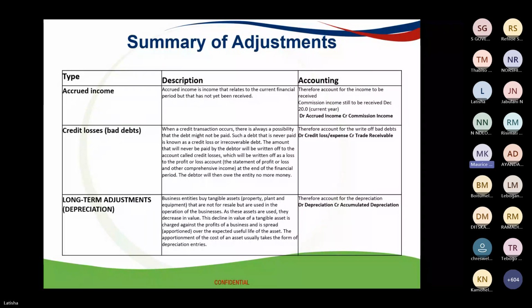Then the next one is credit losses, in brackets, bad debts. What does that mean? That means that when a credit transaction occurs, there is always a possibility that it might not be paid.